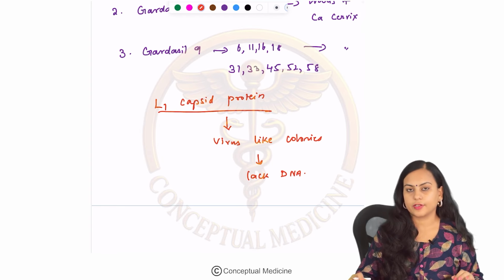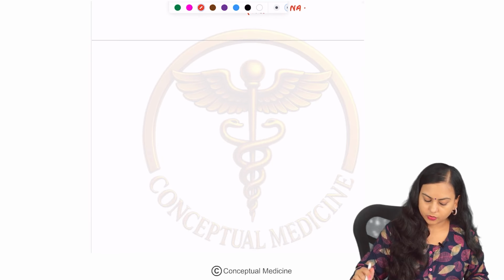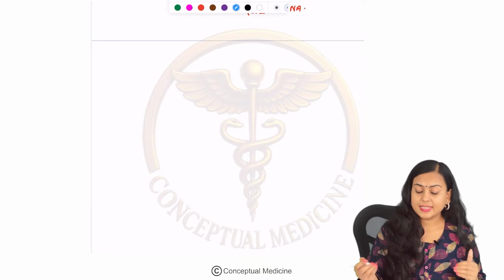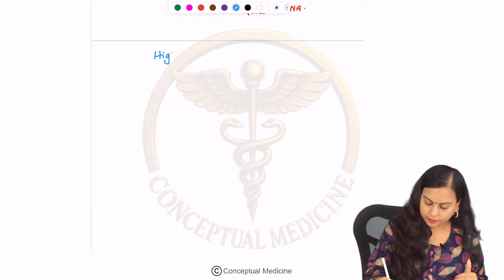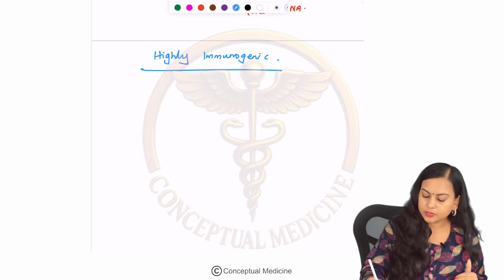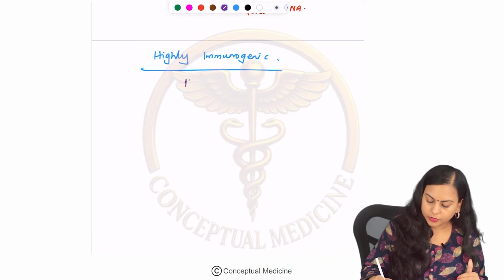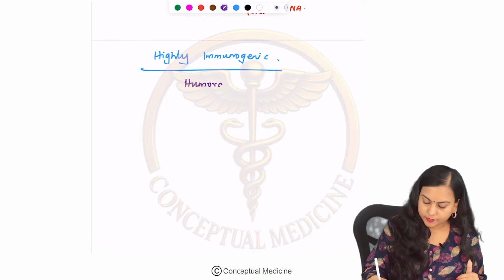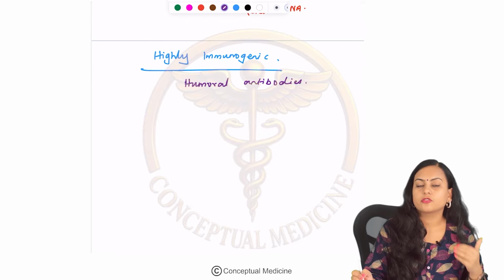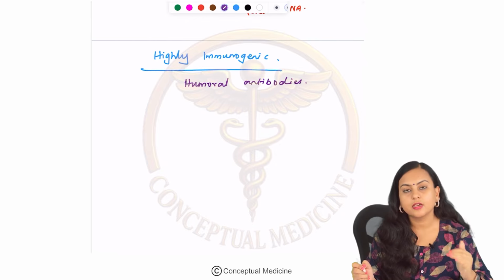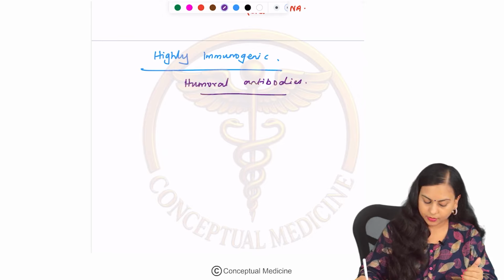So it is non-infectious, but it is highly immunogenic. They will produce specific humoral antibodies to protect against the entry of human papillomavirus into the epithelial cells.